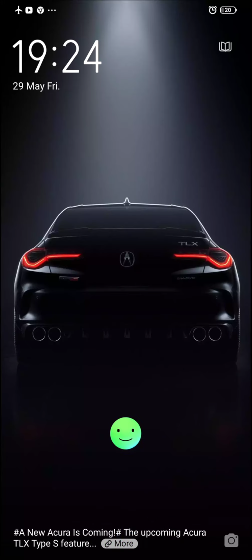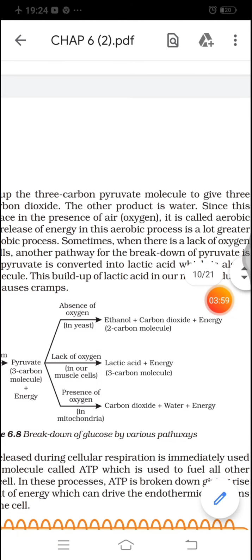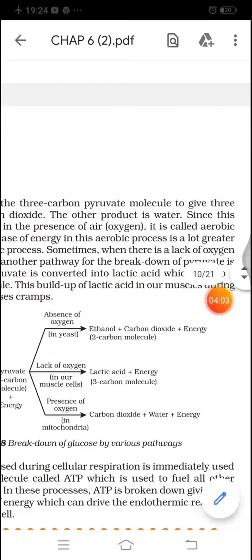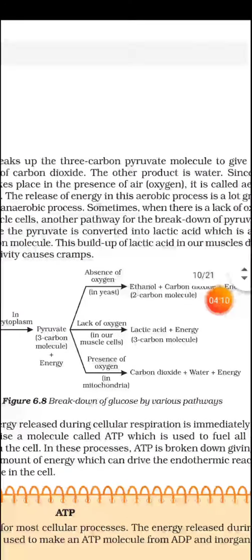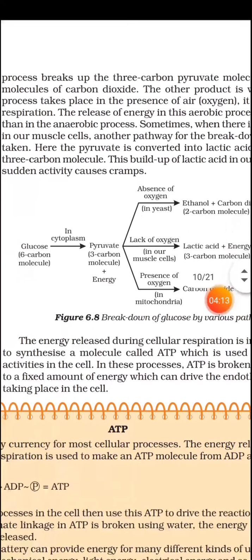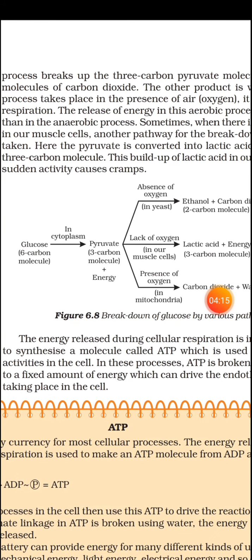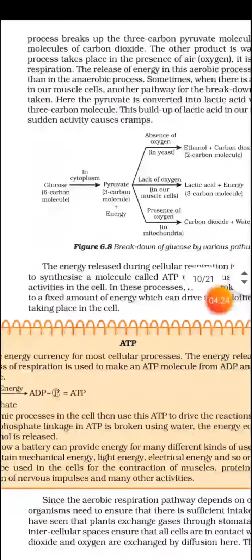And if there is absence of oxygen, if there is no oxygen at all, it will be converted into ethanol, carbon dioxide plus energy. You must understand one thing: inside a cell the main energy coin, the chemical compound the cell depends on as its main energy source, that energy currency, is known as ATP.